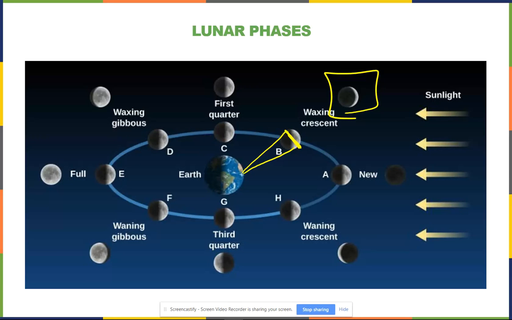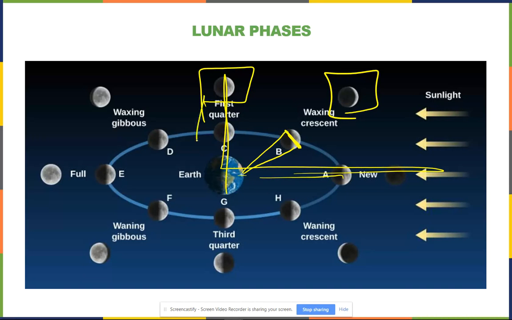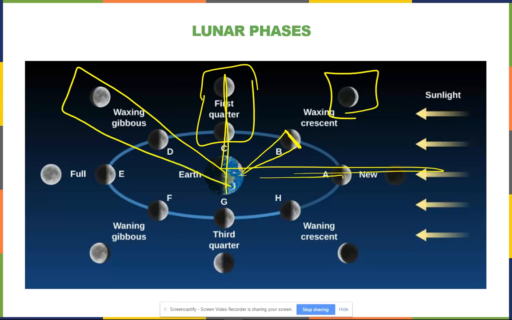Now, as we keep going around, when the moon is at a right angle to the sunlight, then we see the half moon lit up, and we call that first quarter. Keep going, and we're going to see more than half of it lit up, and we call it a waxing gibbous. Waxing, still growing.